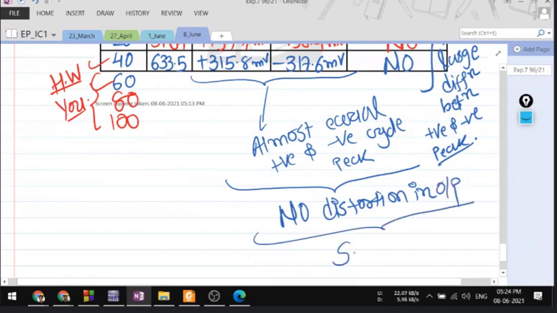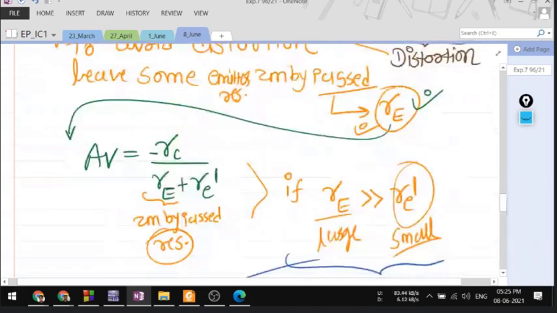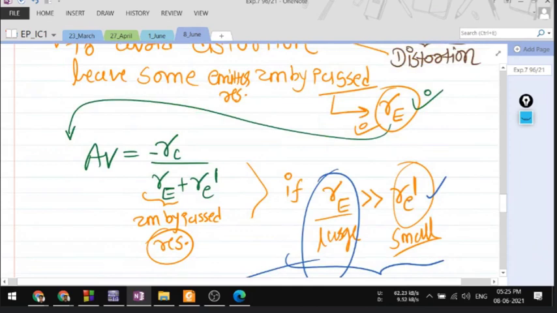So that is the function of a swamped amplifier. It will neglect the effect of RE dash because RE dash is too small compared to RE, which is large. So you can neglect RE dash.